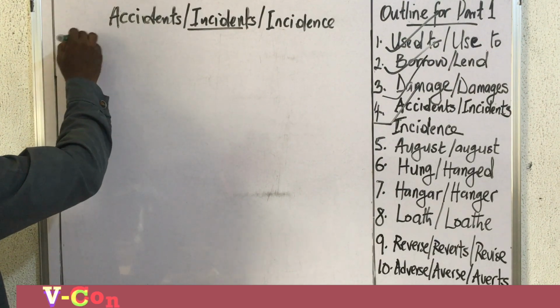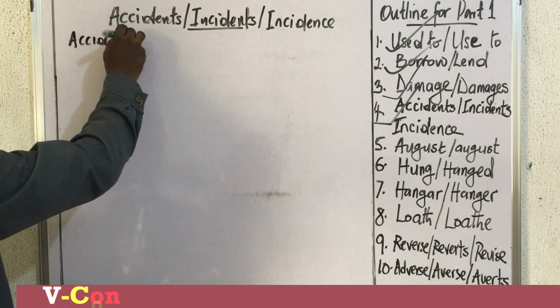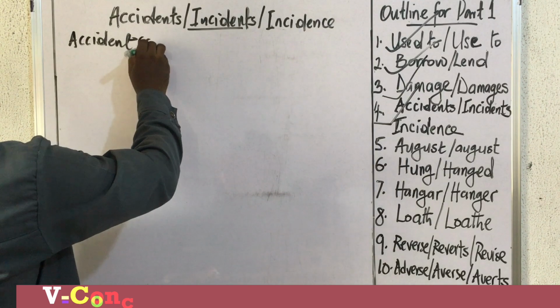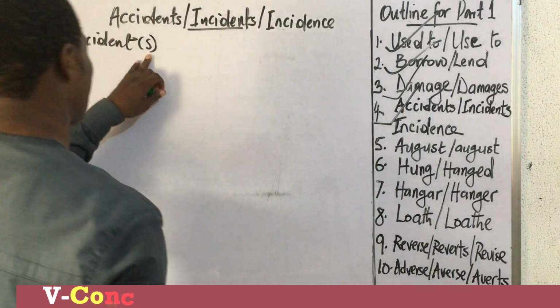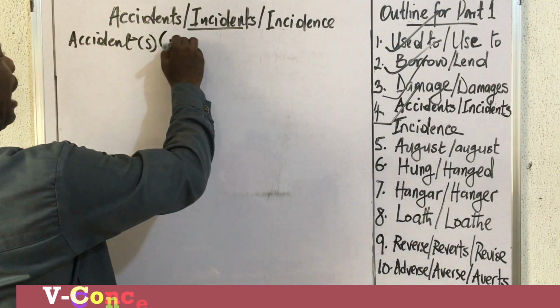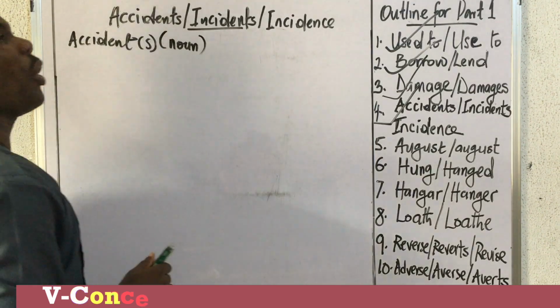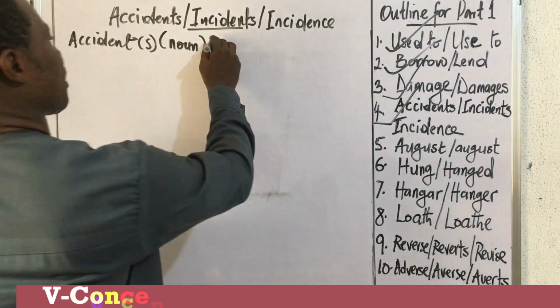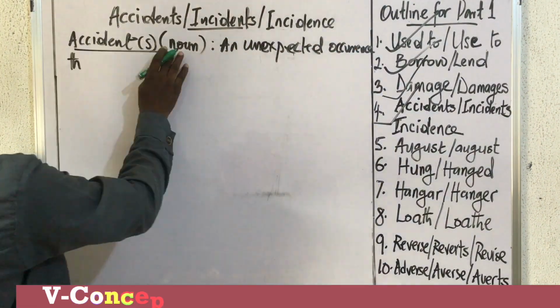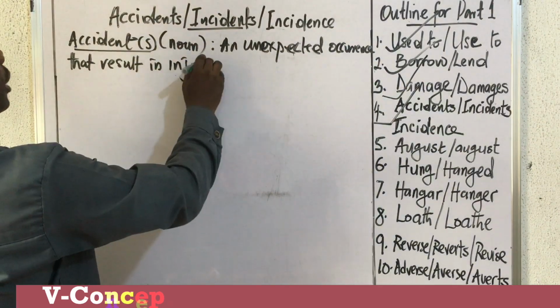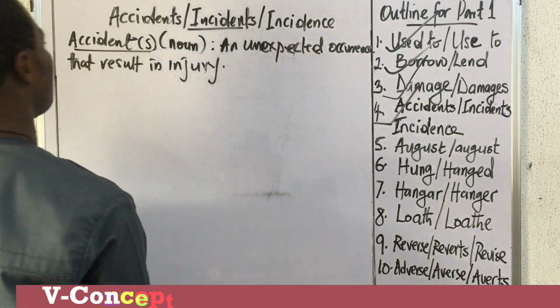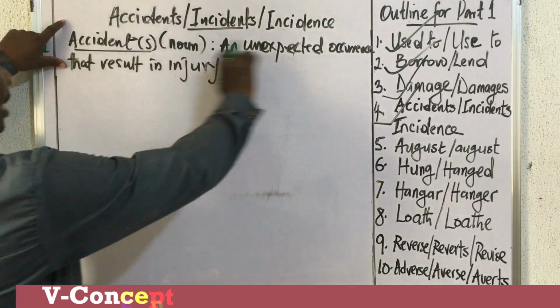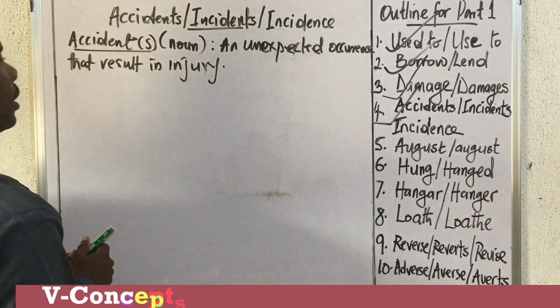Accident, comma S or bracket and close S means it can be made plural. It's a noun. It's an unexpected occurrence that results in injury. That is accident, if it is singular.